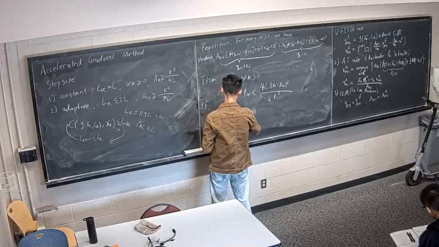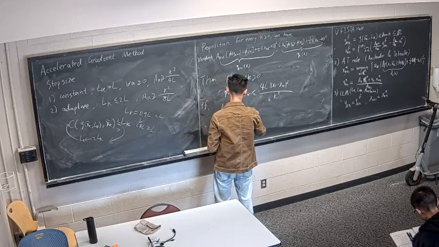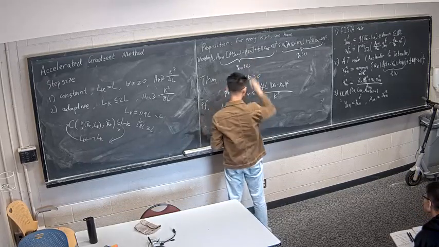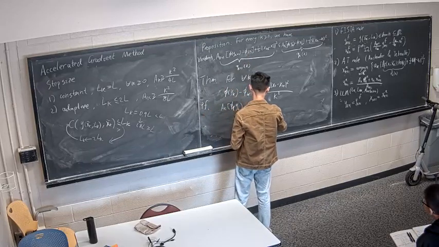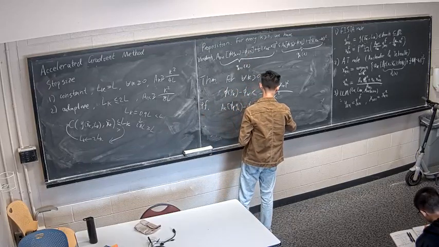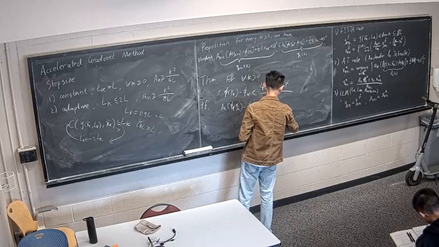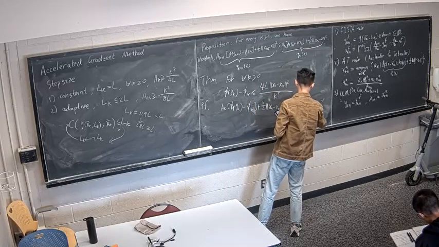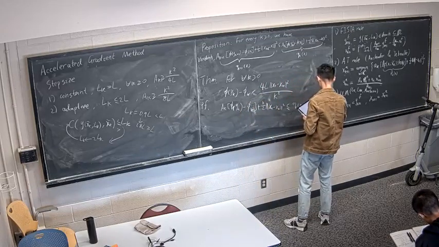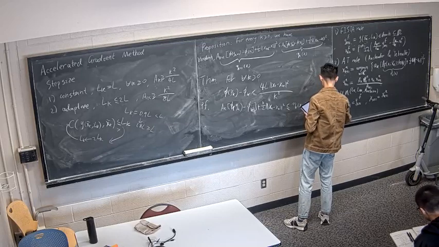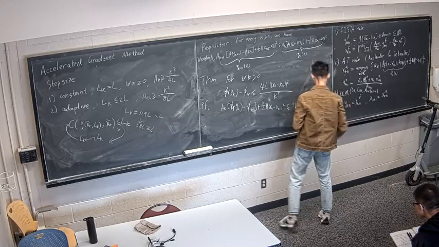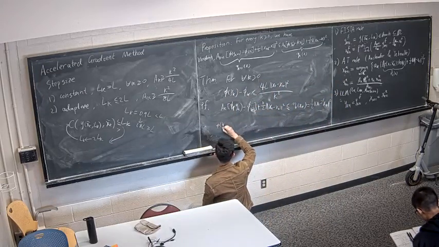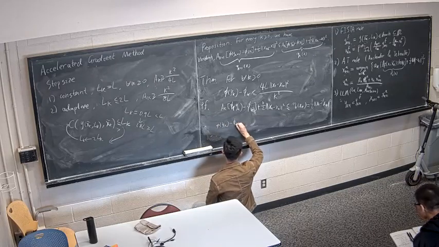Now we take this x to be x star, the minimizer. And then you do a reformulation of phi of yk minus phi star.